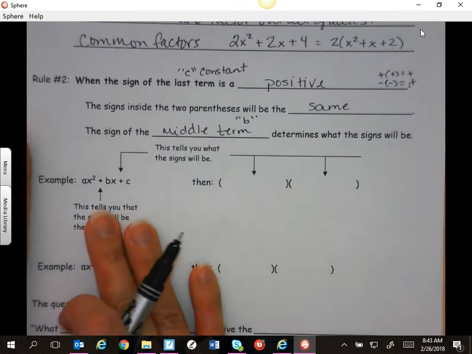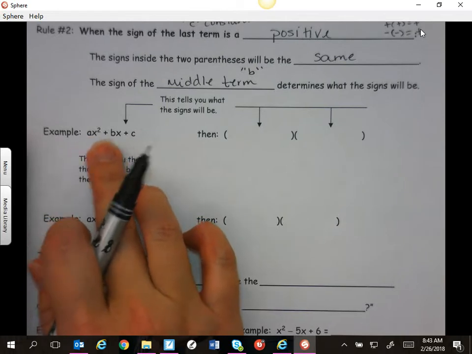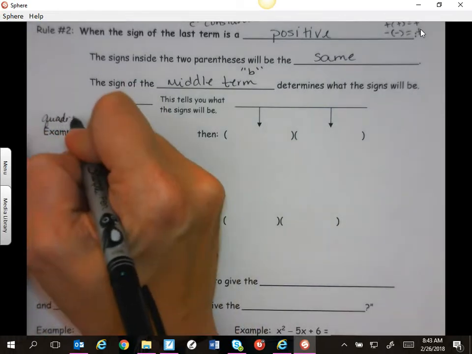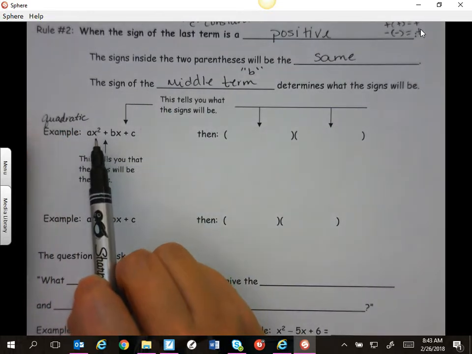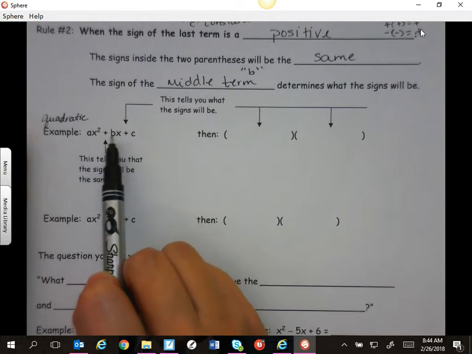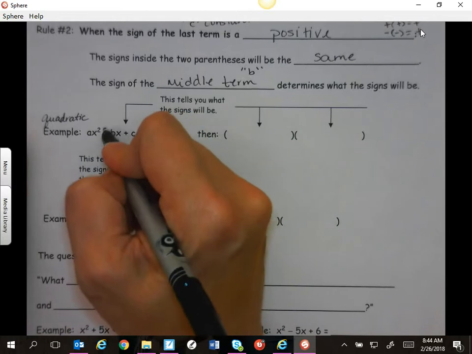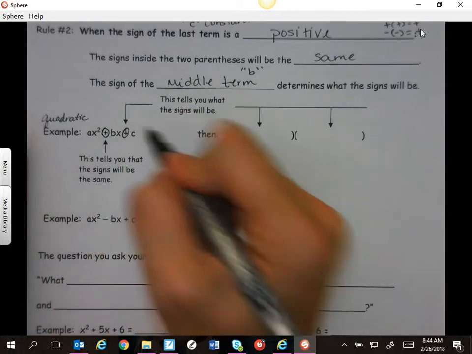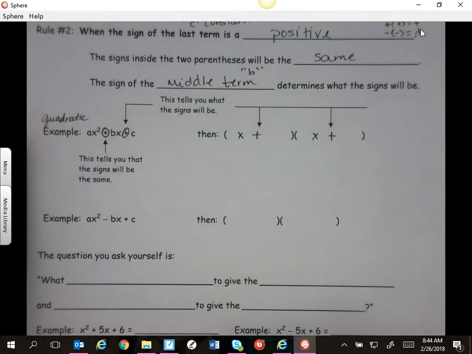We always write our trinomials in the form ax squared plus bx plus c. We also call this a quadratic. Here, a is always the coefficient of x squared, b is always the coefficient of x, and c is your constant. You look at your middle term. Well, this is positive, and the constant is positive, so our signs are both positive.